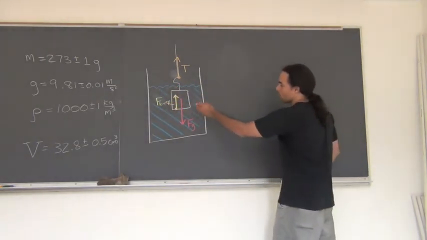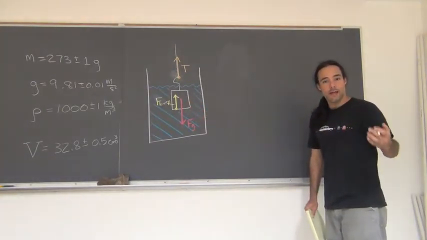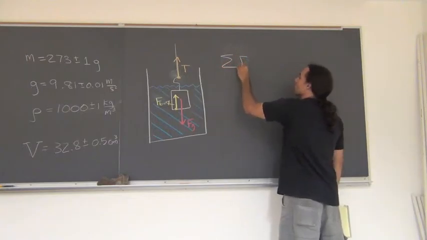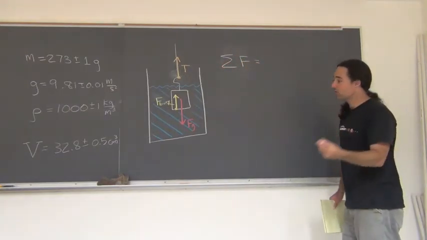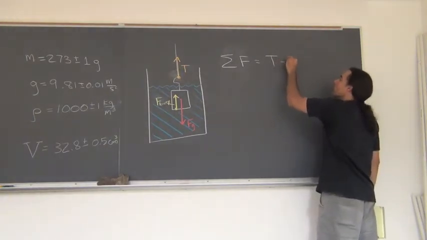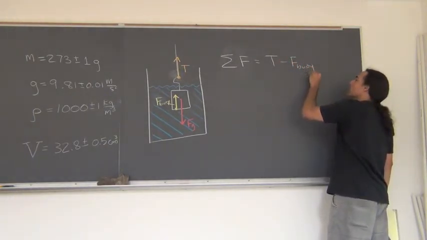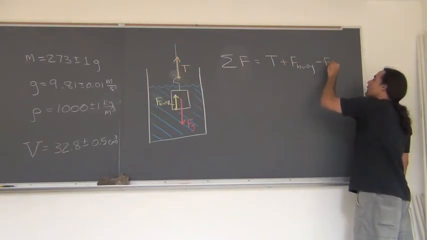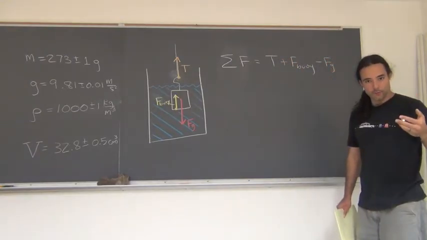So let's see. We've done our free body diagram. Next, we are going to sum up the forces. Summing all the forces on the cube, we can see that we have a tension force pointing up. We've got a force of buoyancy also pointing up. And we have a force of gravity pulling the cube down.